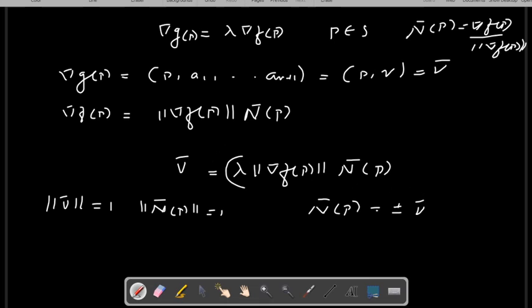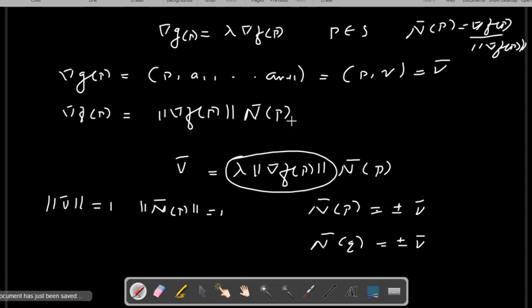In a similar way, if you consider q also, you will get n bar of q equal to plus or minus v bar.